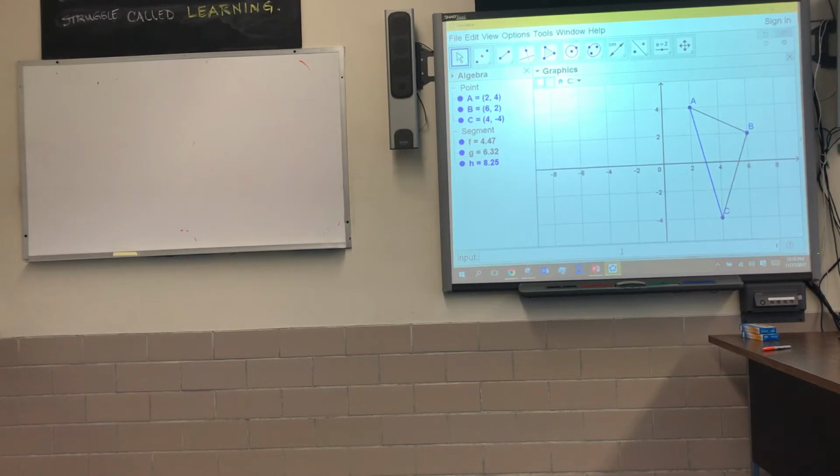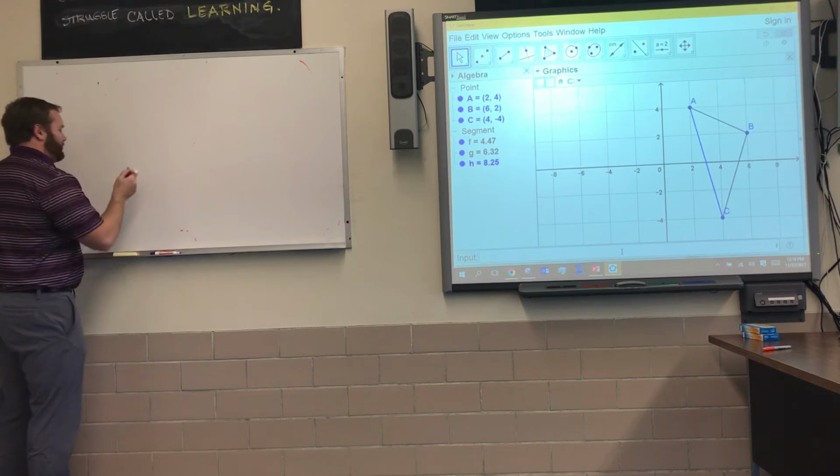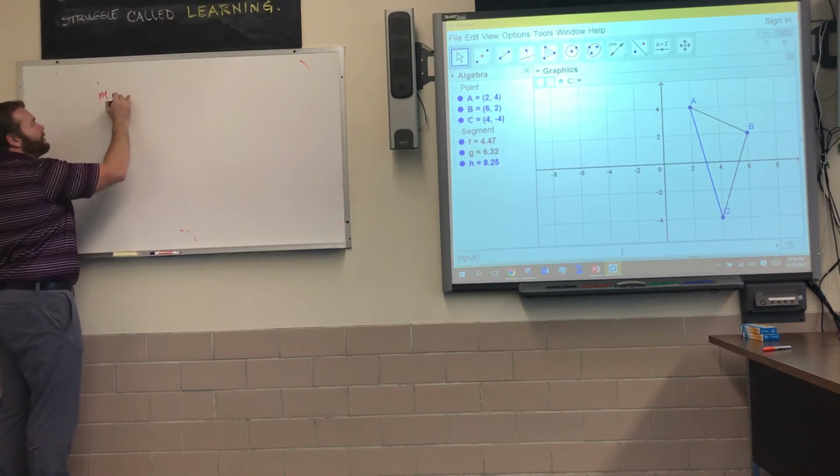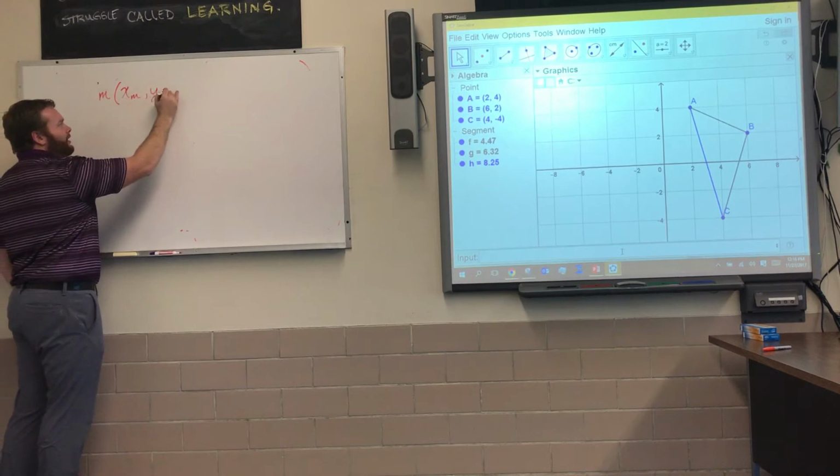The first thing I want you to do is find the midpoint of segment AB. Now, I know it's been quite a bit of time since we've last talked about midpoints in chapter 1, but chapter 1 said that the midpoint is an ordered pair, so I'll write it this way.